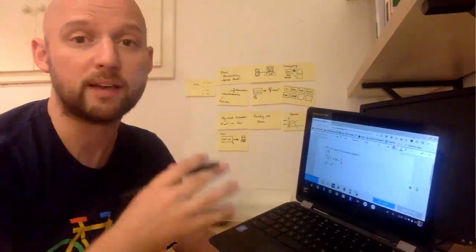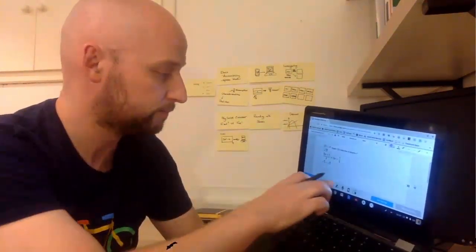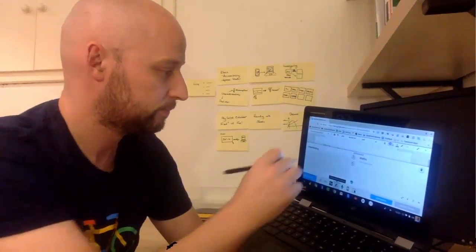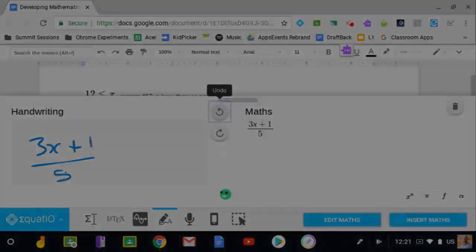So what we're going to do is have a look at the writing option through Equatio into a Google Doc. So we can now write out our full expression with the quotient in the right place, and we can address that misconception potentially by then writing it rather than having to type it or say it.